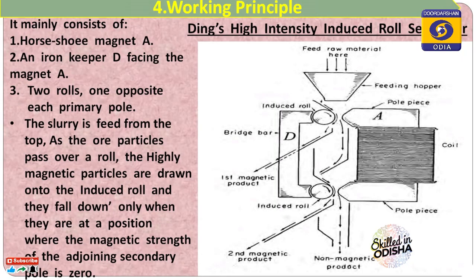The slurry is fed from the top. As the ore particles pass over a roll, the highly magnetic particles are drawn onto the induced roller, and they fall down only when they reach a position where the magnetic strength of the adjoining secondary is weak.